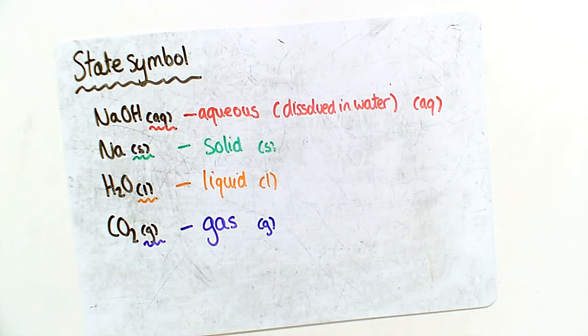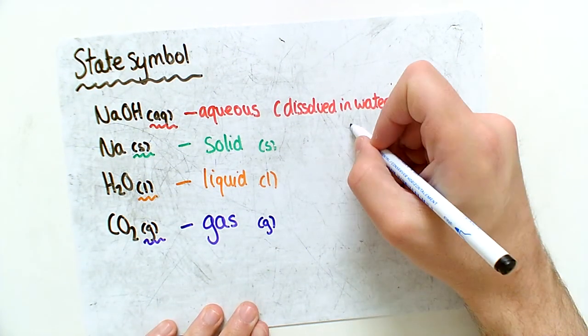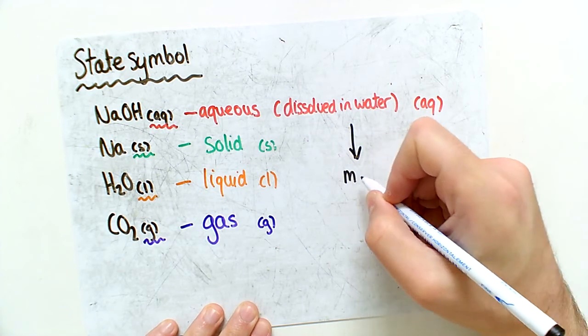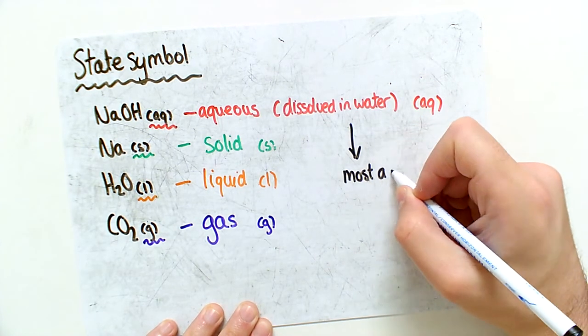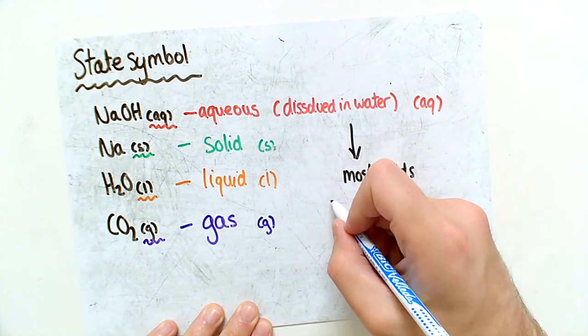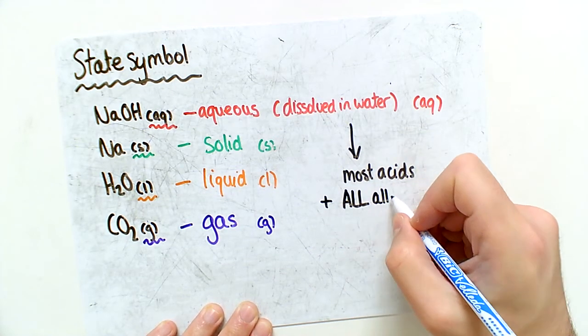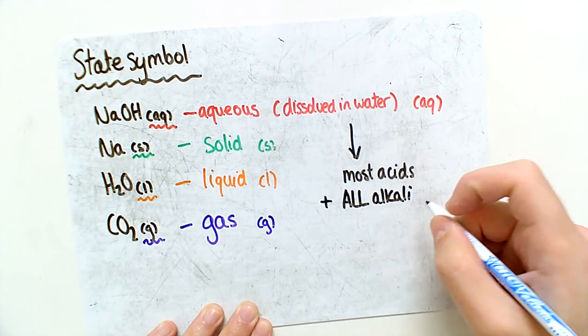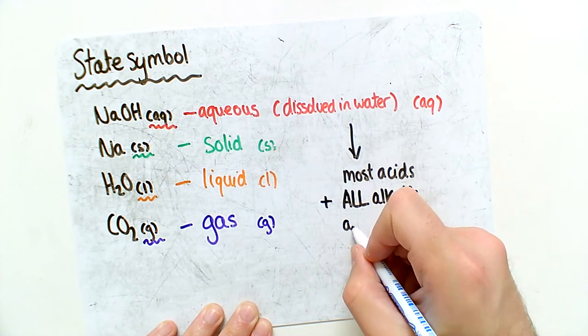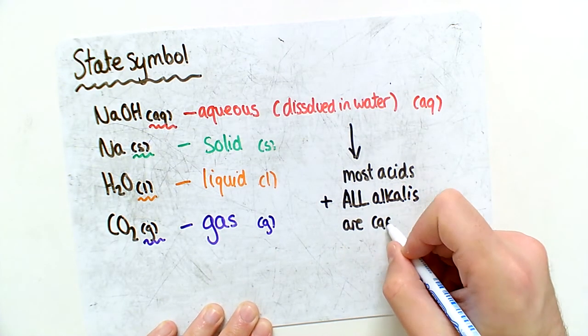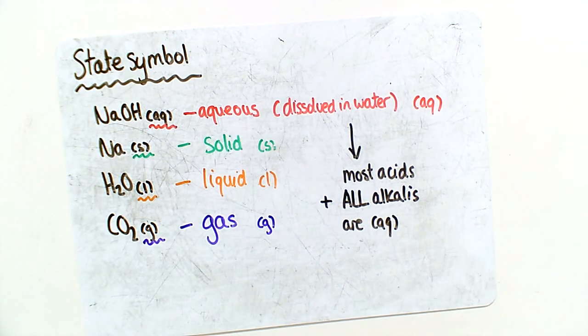Now what you'll find is that most acids and all alkalis, because an alkali is a soluble base, are AQ. And that means that everything at the start of a reaction, for a neutralisation, an acid reacting with an alkali, should be AQ.